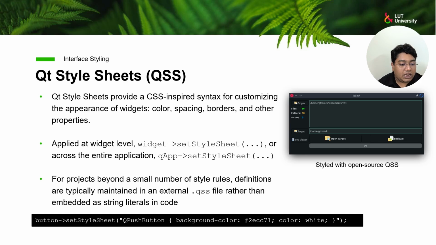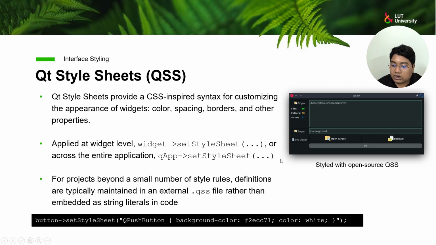That keeps the design separate from the application logic so that both of them are easier to maintain. And then later, if you want to change the appearance, you simply need to link one style sheet instead of another one. So here we have an example of an open source QSS.